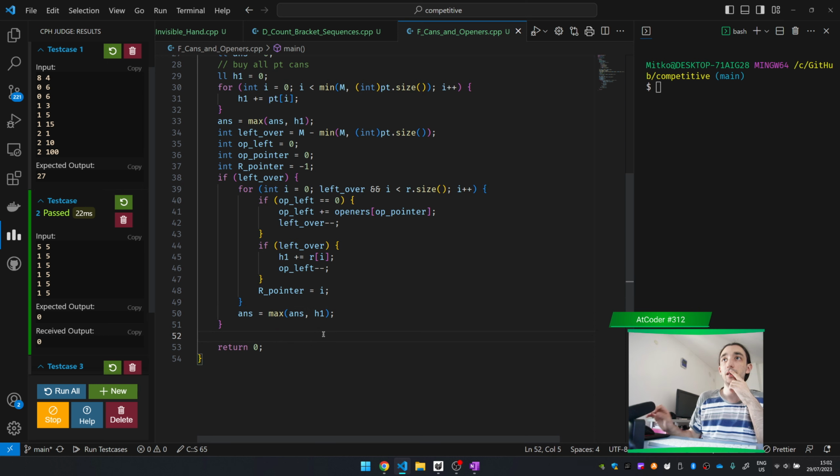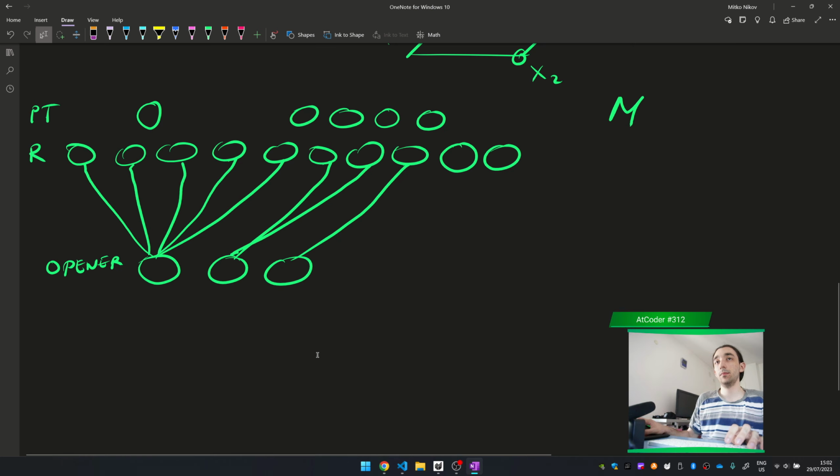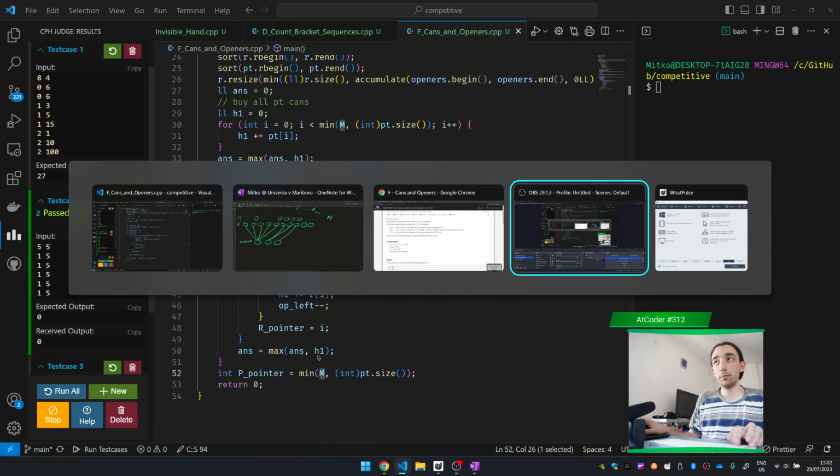And what is int p pointer? It's how many things I bought here. It's the minimum of m, can m be 0 though?